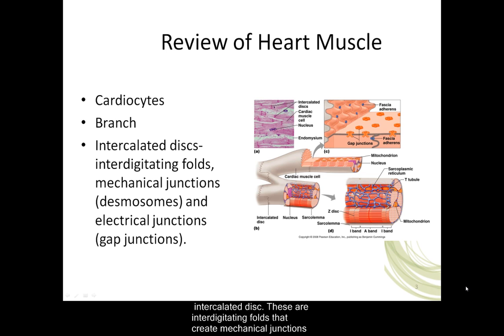These are interdigitating folds that create mechanical junctions through desmosomes and electrical junctions through gap junctions. These intercalated discs are extremely important in allowing the heart muscle to beat in syncytium, that means in unison, and I will give considerable amounts of lecture time to describe the syncytium.